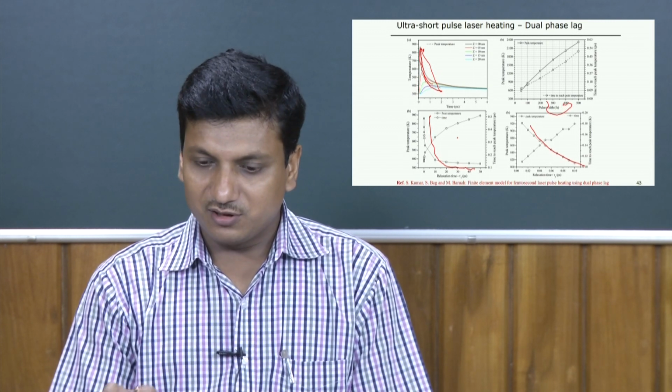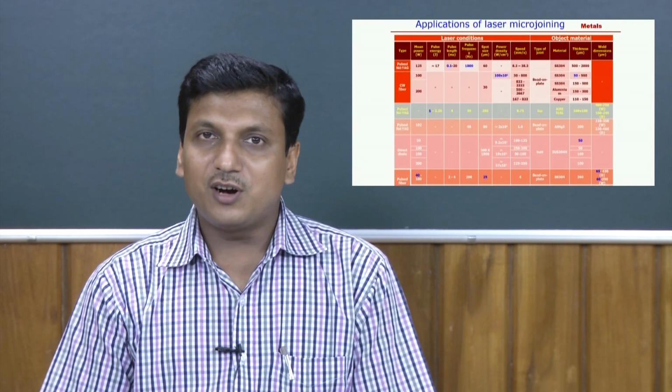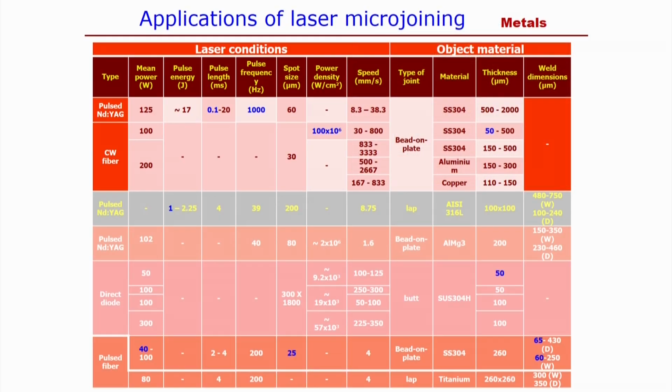So, after looking into the ultra short pulse laser welding model, probably we can see the application in laser microjoining processes. For practical use of the microjoining process in the case of metals, from this table it is very obvious what different types of laser are used for microjoining applications.